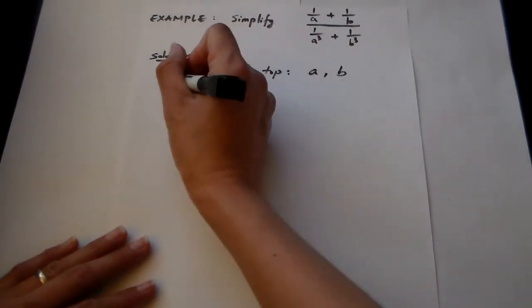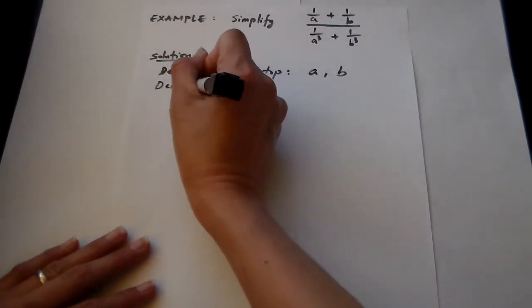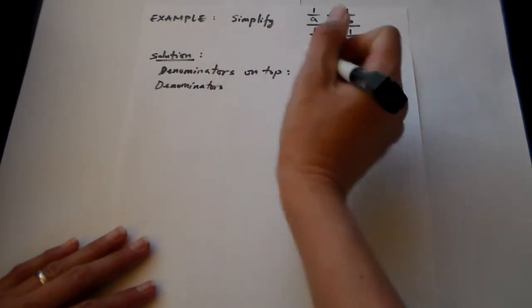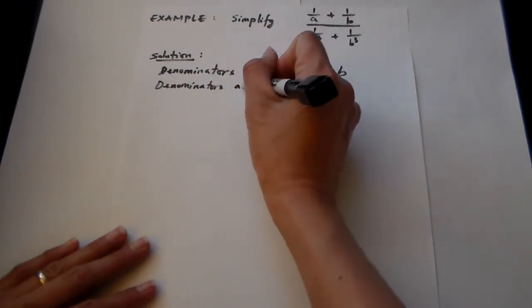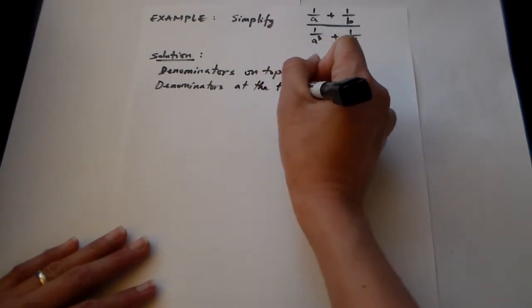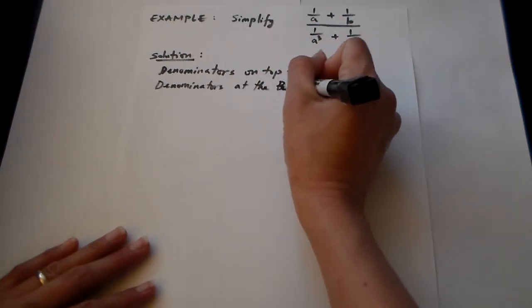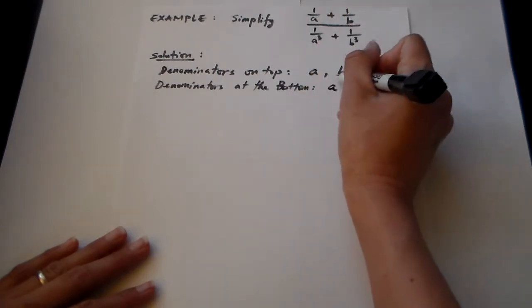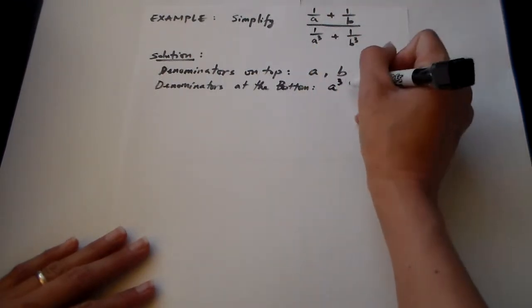And the denominators at the bottom are a to the third and b to the third.